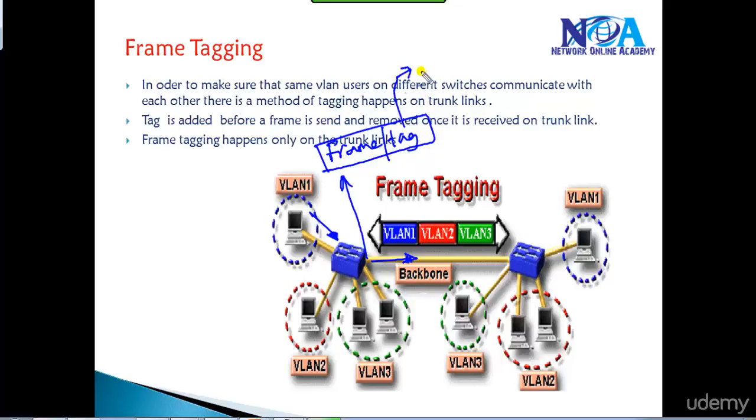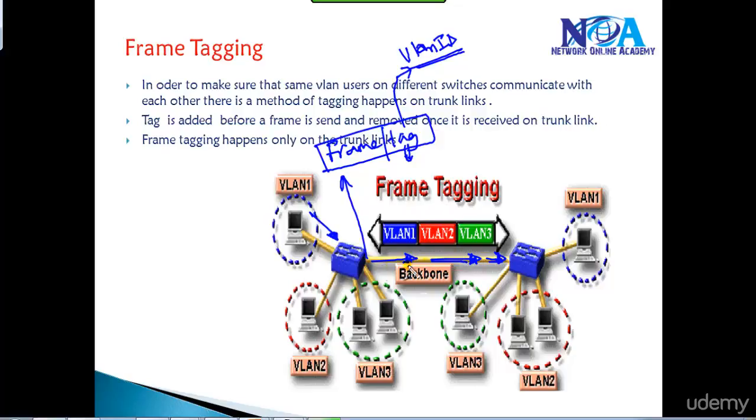This tag contains something called the VLAN ID. In that tag, it is going to add the VLAN number and send it over the trunk link. Here, for easy understanding, we have different colors, but the frame is sent with a tag, which is extra header information added inside your frame or packet.